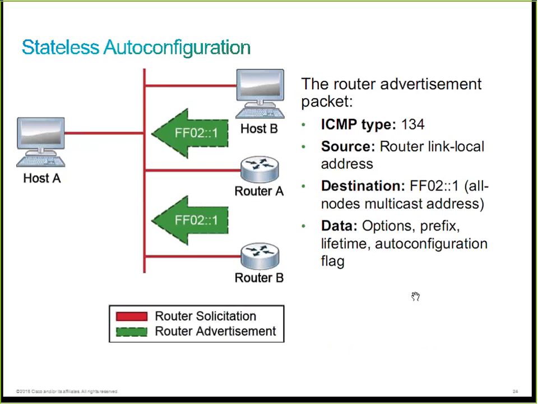Now, talking about stateless auto configuration, which I mentioned earlier, as you can see in this example, a host and the router are giving out information, right? The router advertisement is given out by ICMP type 134. Remember, the ICMP type for router advertisement is 134. In that case, the source address would be the router link local address.